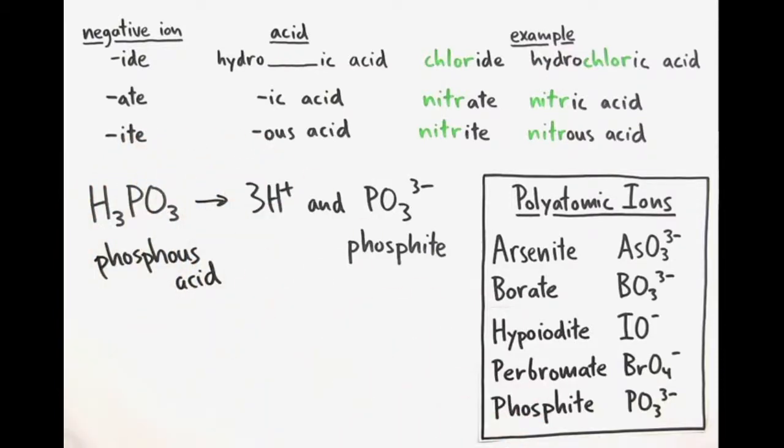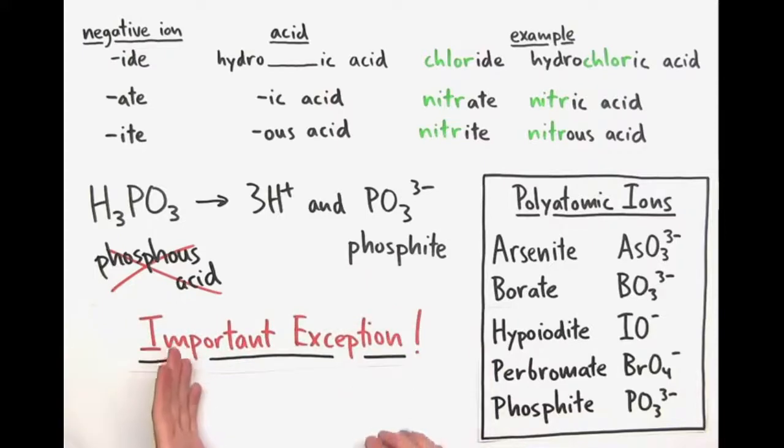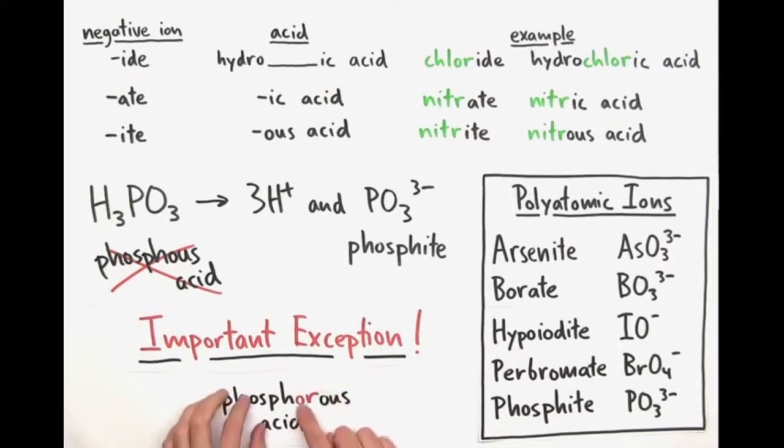But unfortunately, this is wrong, because phosphorus is an important exception here. The name for this acid is actually phosphorus acid. We have to add this little OR here in between the name and the OUS.